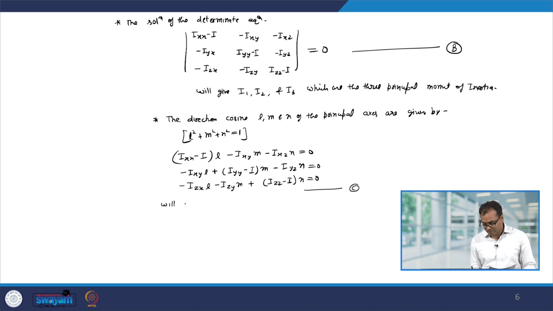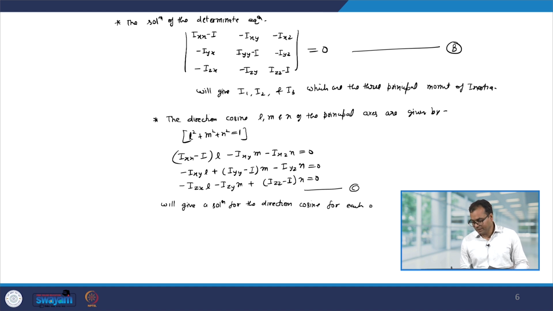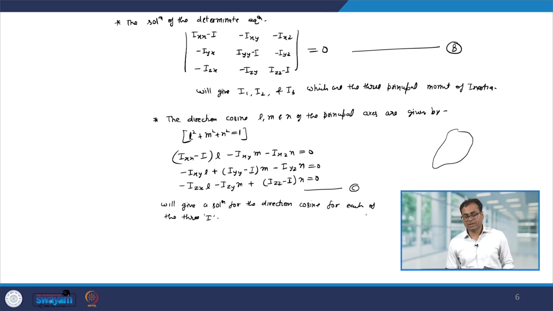Then this equation will give a solution for the direction cosines for each of the 3 I's, that is I1, I2 and I3. So, let me just repeat again. You have a rigid body, let us say there is some point O and we have the x axis, y axis and the z axis, and of course about this x, y and z axis, this body has some products of inertia.